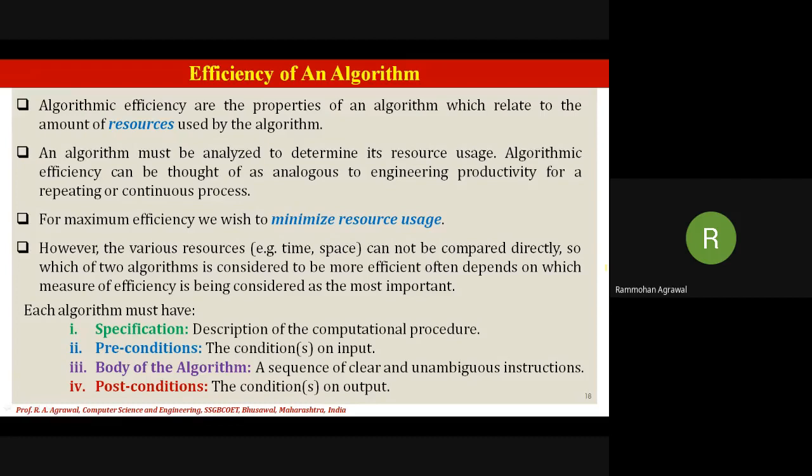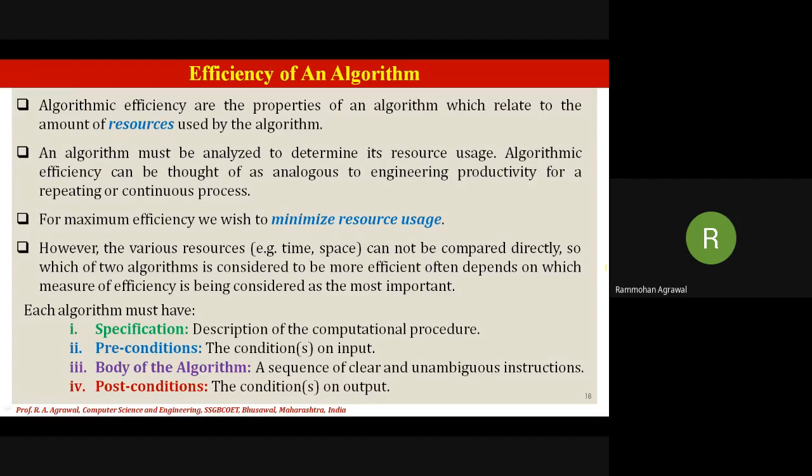If everything is clear, then the algorithm will be called an efficient algorithm. These are the characteristics which have to be followed by every user while writing an algorithm. So these are the characteristics of efficiency for an algorithm.